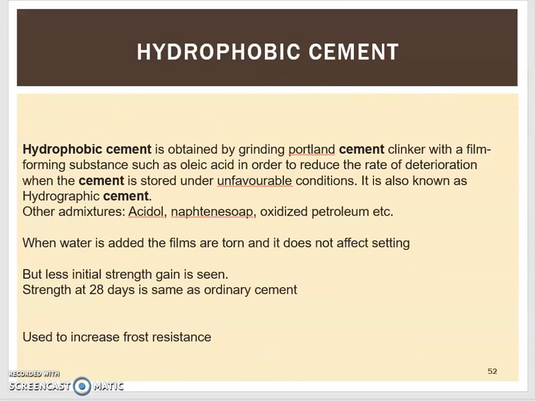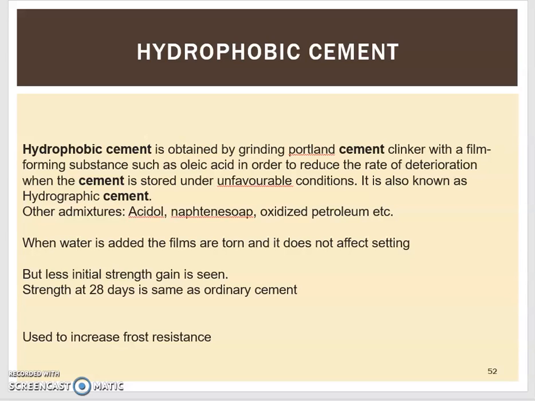The next one is hydrophobic cement. This cement contains admixtures which decrease the wetting ability of cement grains. The usual hydrophobic admixtures are acidol, naphthalene soap, and oxidized petroleum, and these substances will form a film around the cement grains.